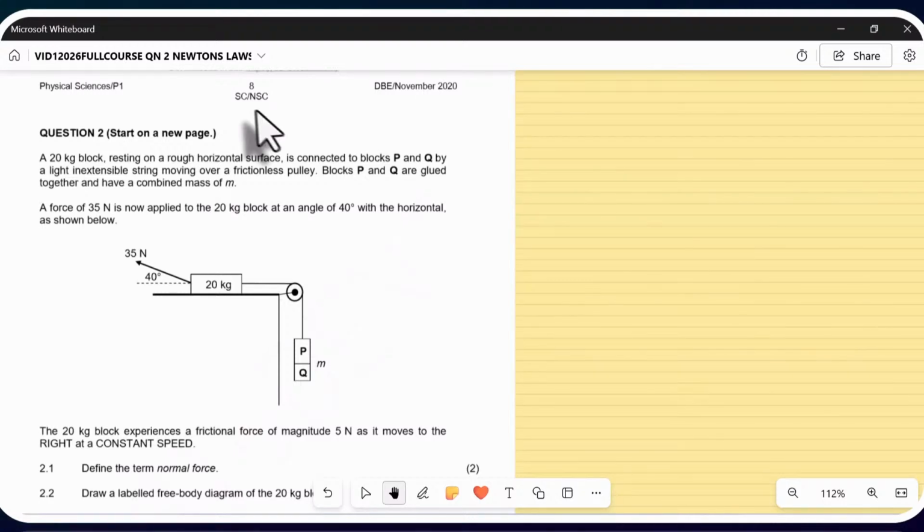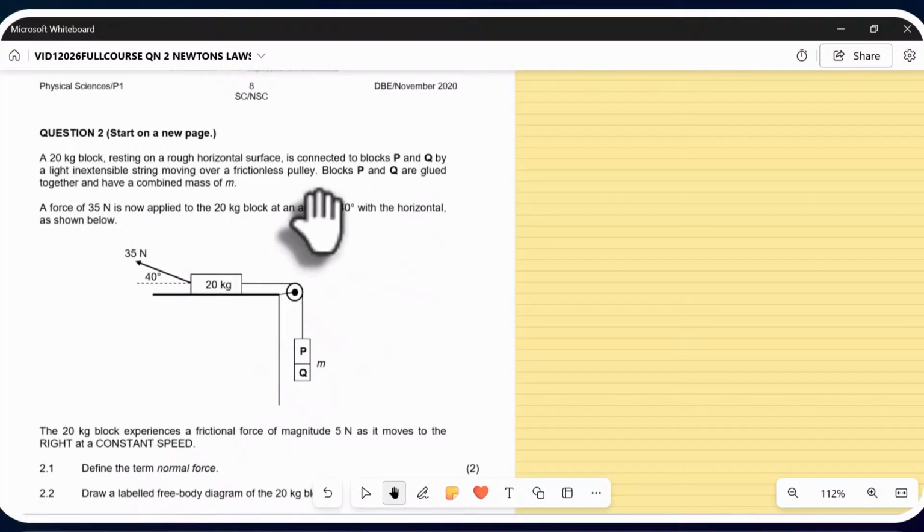Question 2, November 2020. A 20 kilogram block resting on a rough horizontal surface is connected to blocks P and Q by a light inextensible string moving over a frictionless pulley.